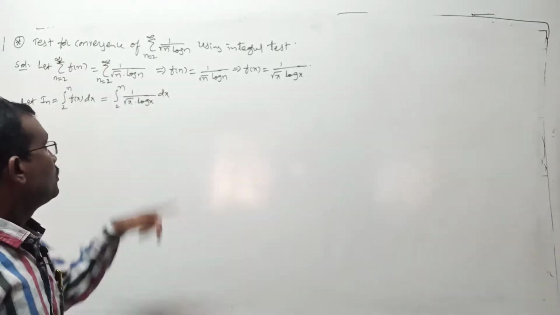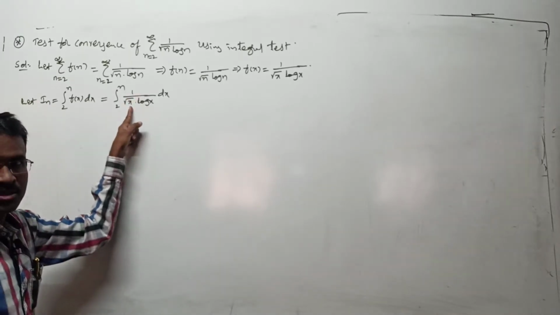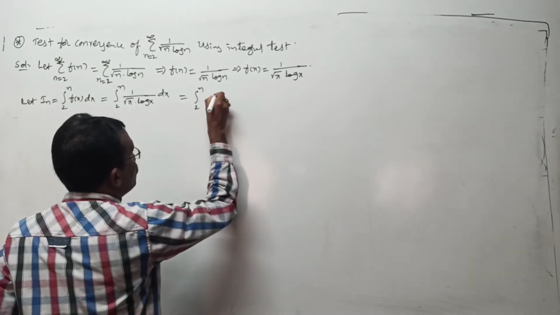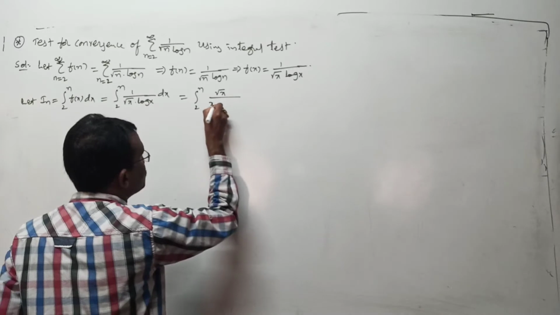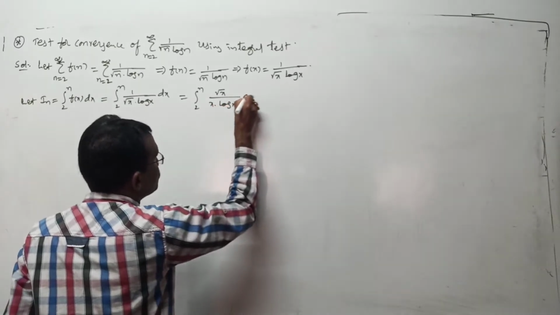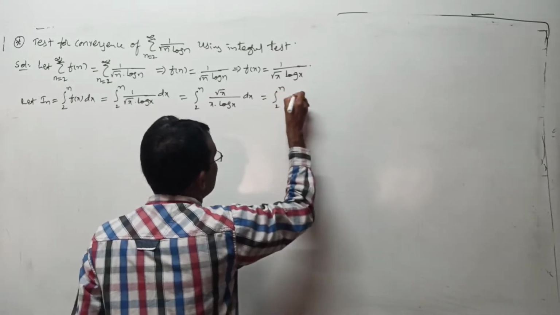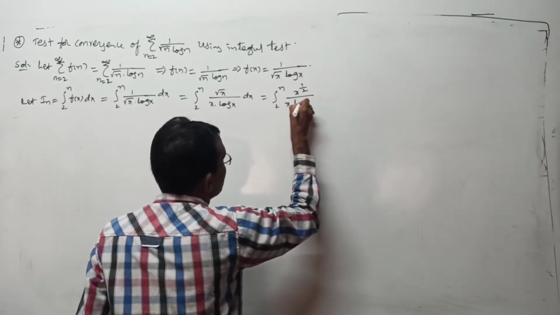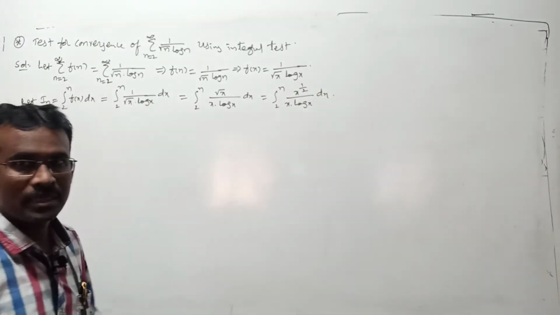To evaluate it, I multiply and divide by root x, so I write this as the integral from 2 to n of root x by root x into root x, that is x, into log x dx. Otherwise you can write this as the integral from 2 to n of x to the power 1 by 2 whole by x into log x dx, where x to the power 1 by 2 is root x.